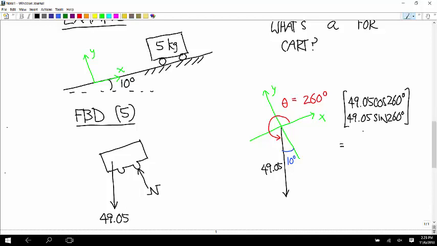Can someone calculate that for me? Okay. And does it make sense that both of those are negative?